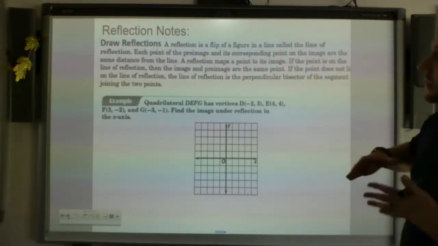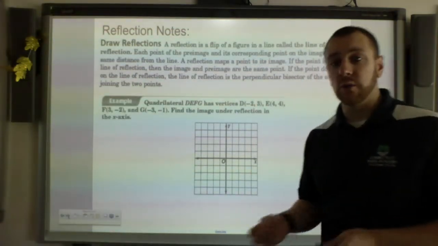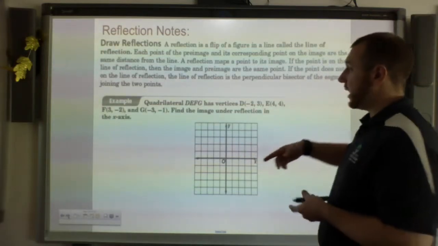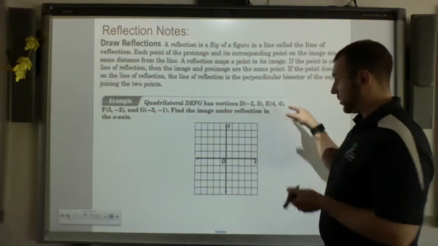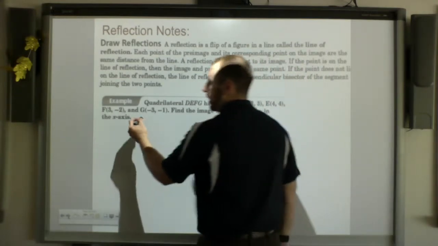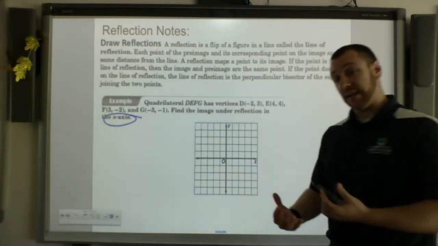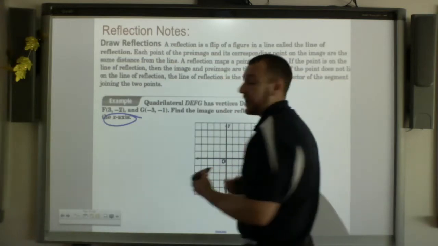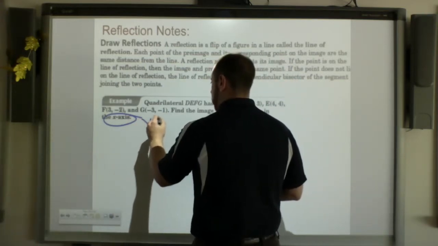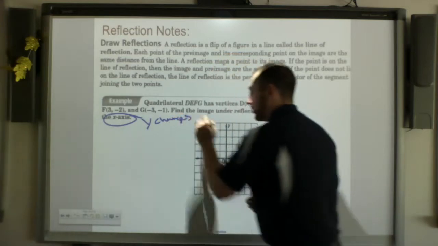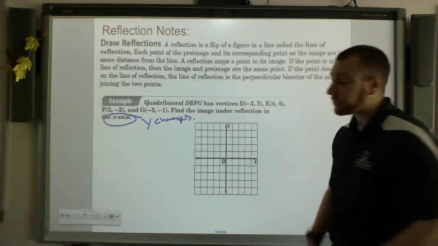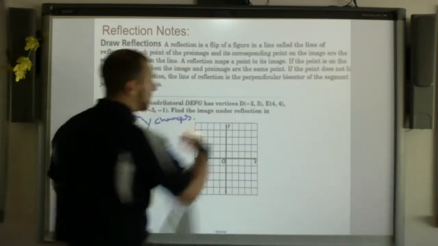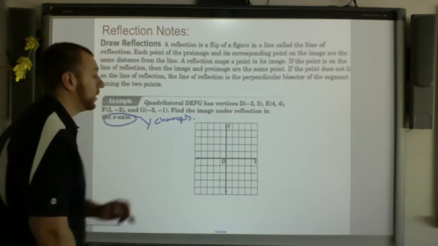The biggest thing is you need to circle what you're reflecting in. In this case, I'm taking this quadrilateral and reflecting it over the x-axis. If I'm reflecting it over the x-axis, y changes. X is going to stay the same. So what I do first is I list out my new points.